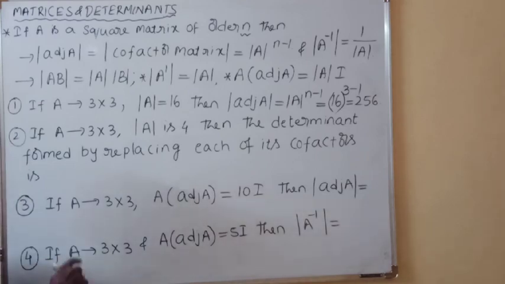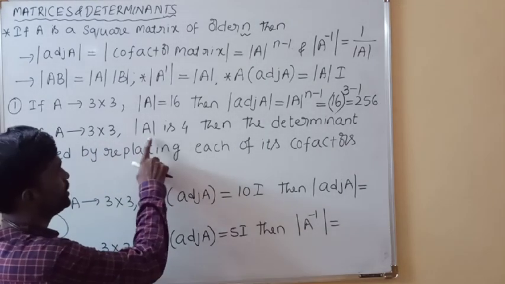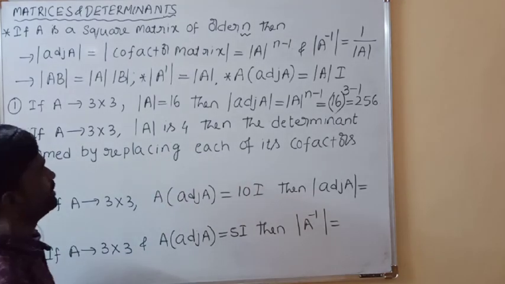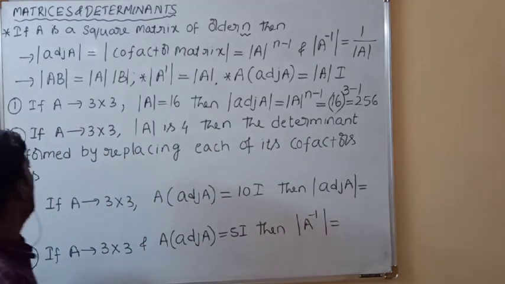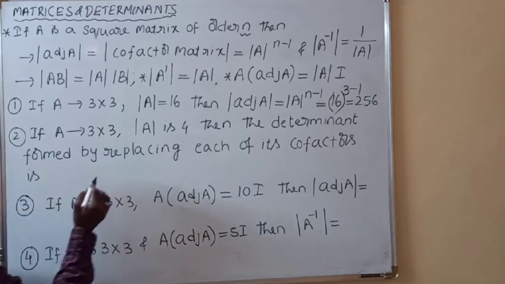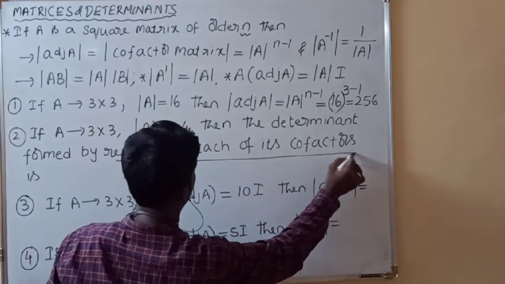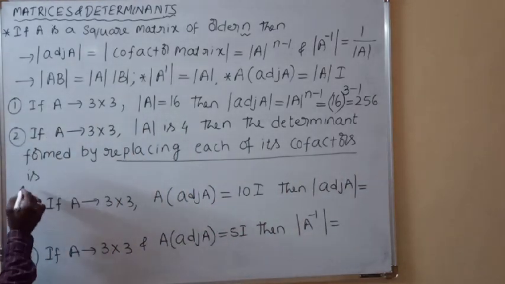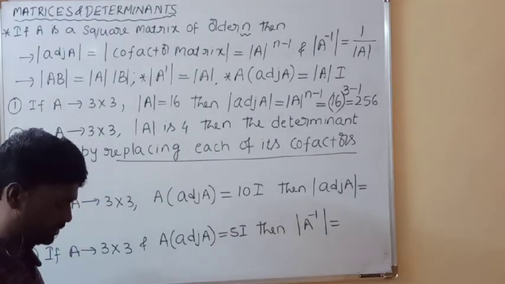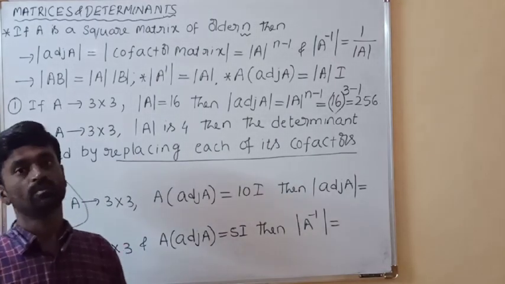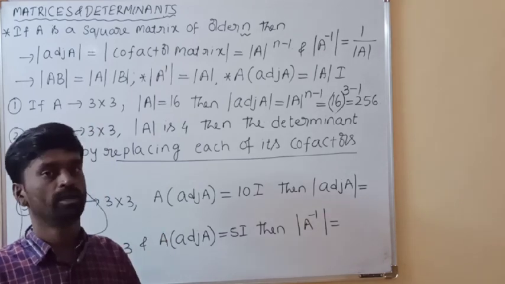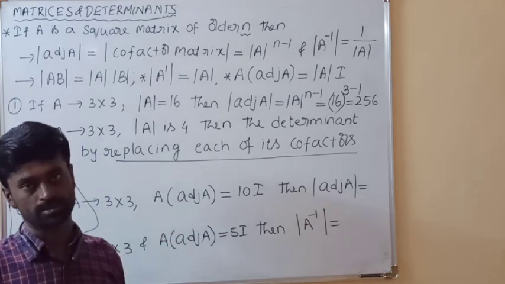So next look at second problem. If A is a square matrix of order 3 by 3 and determinant of A is 4, then the determinant formed by replacing each of its elements by their cofactors is. That means we are replacing the elements of A by their corresponding cofactors.